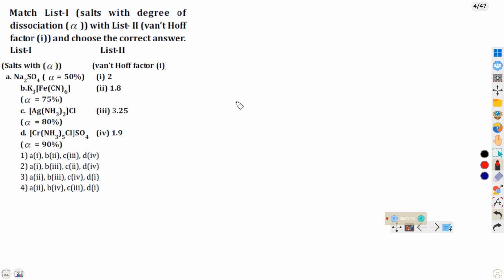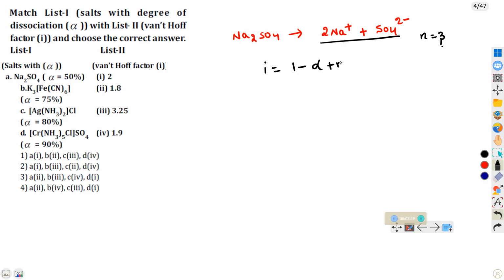Match the following. First salt is given, Na2SO4. Suppose Na2SO4 dissociates, then it gives 2Na+ and SO4 2-. Total number of ions is 3, so n value is equal to 3. If the salt is dissociated, then the formula is i is equal to 1 minus alpha plus n alpha.